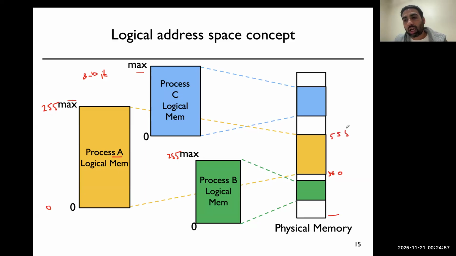And how can I do that? For example, using the same idea which I gave you in the previous slide, you add 300 to every address generated by process A. So 0 plus 300 will be 300, 255 plus 300 will be 555.